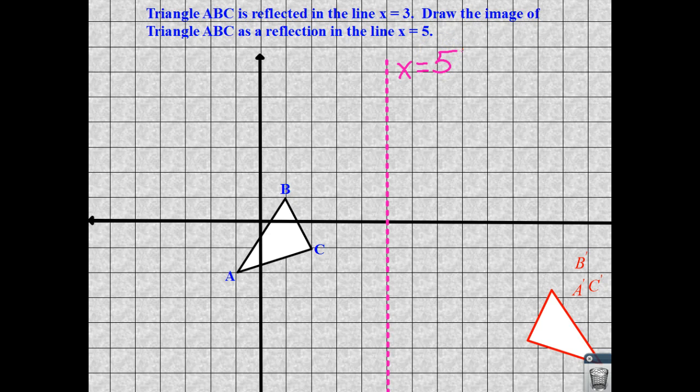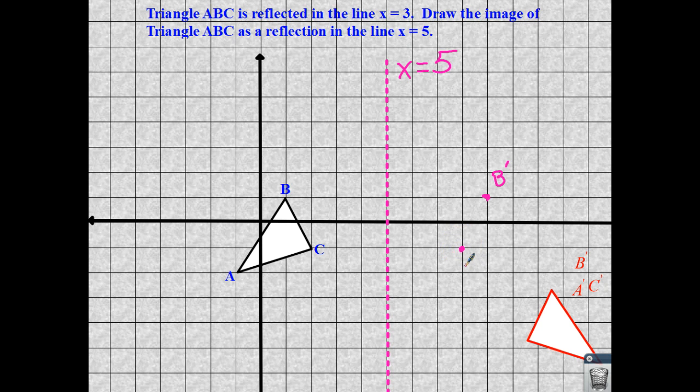All right, so it's the same process, nothing different here. We're going to count the B, 1, 2, 3, 4, so 1, 2, 3, 4, label it B prime. And then let's go to the C, so 1, 2, 3 away, 1, 2, 3 away.